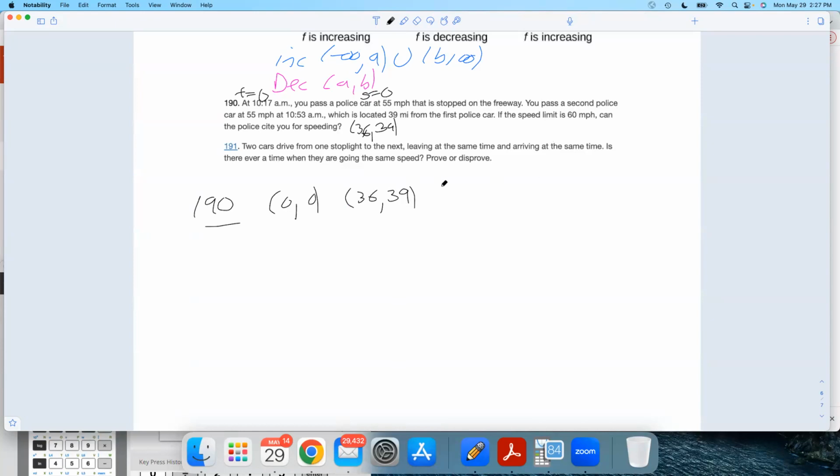So your average rate of change, your average speed, is the distance you traveled, 39 miles in 36 minutes. Oh, well, I want to be in miles per hour. Maybe we should convert everything into miles and hours instead of minutes.